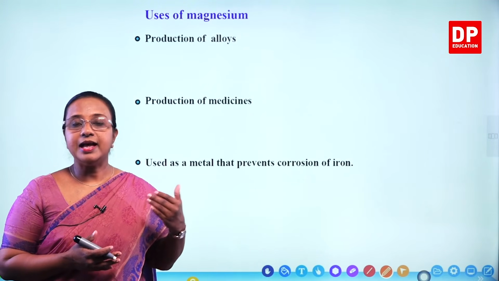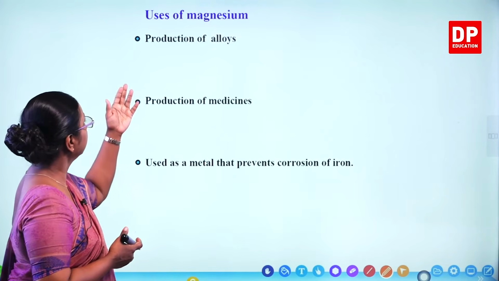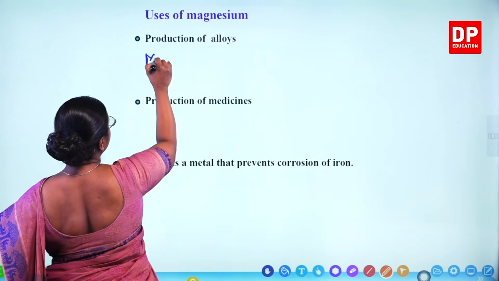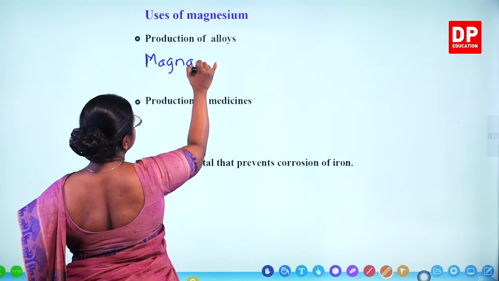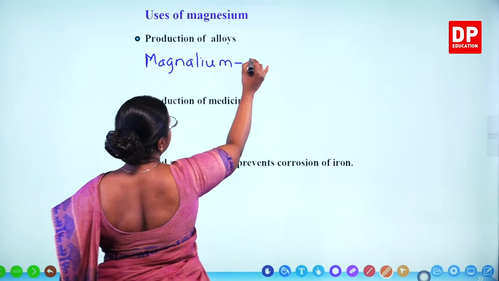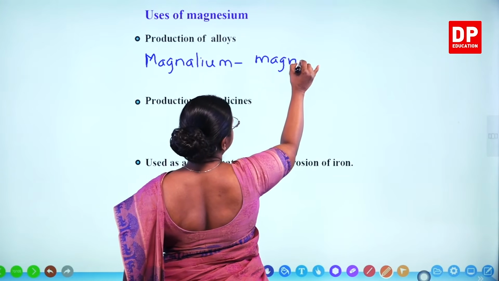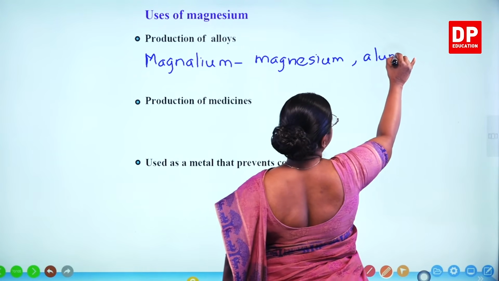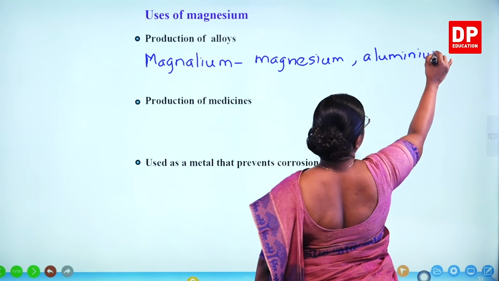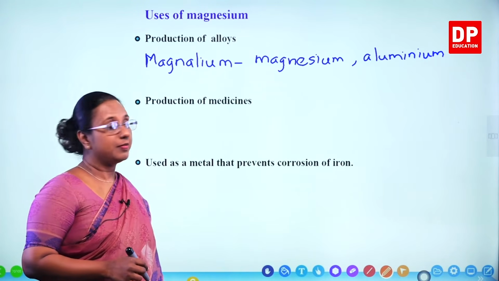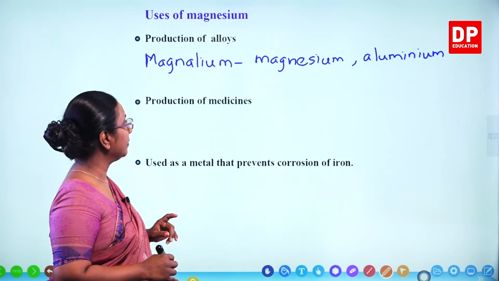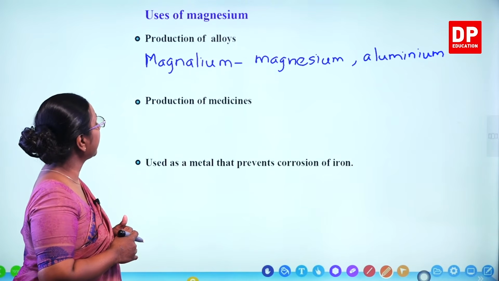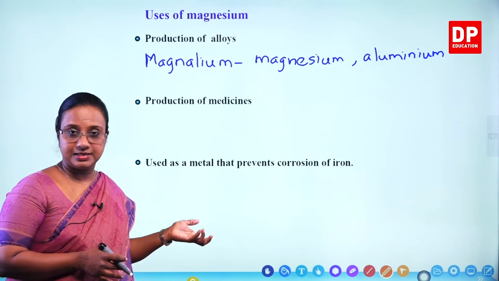So one alloy that can be prepared using magnesium is magnalium. Magnalium is an alloy that is made up of magnesium and aluminium. So from the name, magnesium and aluminium, magnalium. That is the example of an alloy that is produced from magnesium.